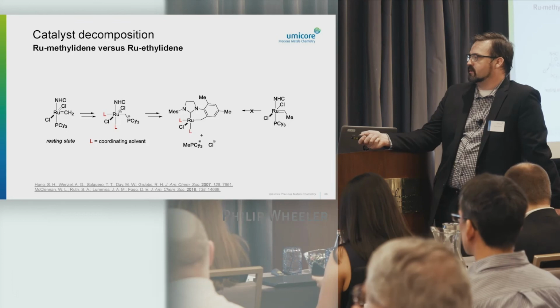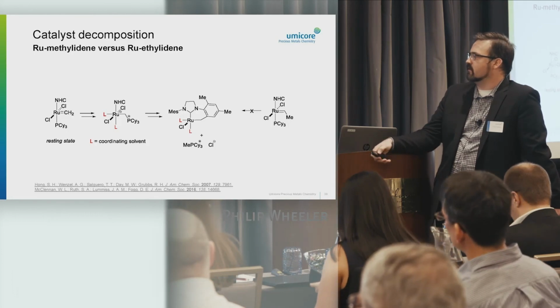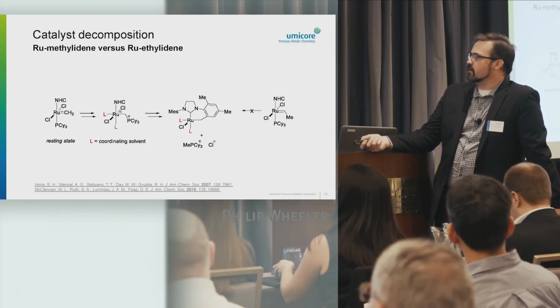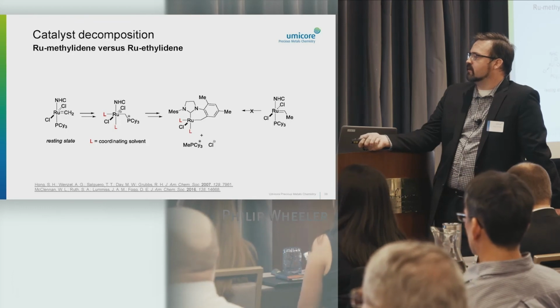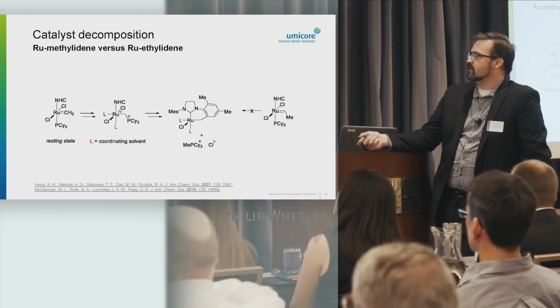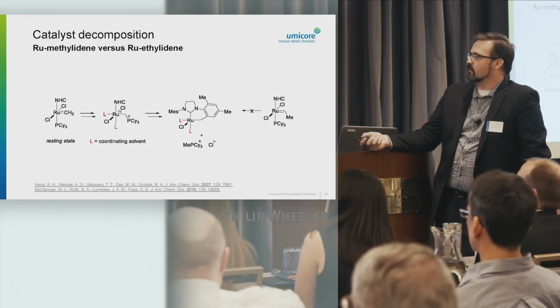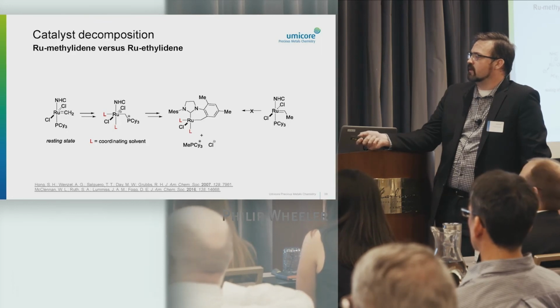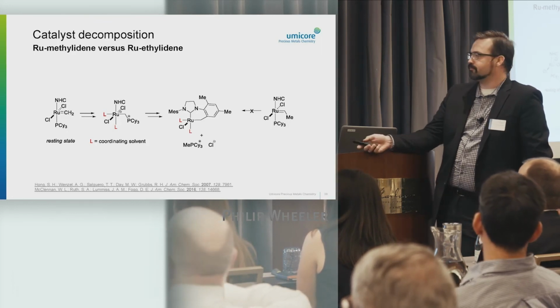This is still a ruthenium complex, but it's certainly not an active metathesis catalyst. So what the 2016 study by Deryn Fogg showed is that if you switch your propagating catalyst from methylidene to ethylidene, you basically do not observe any of this decomposition product.